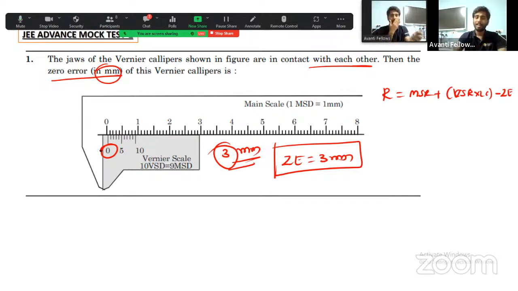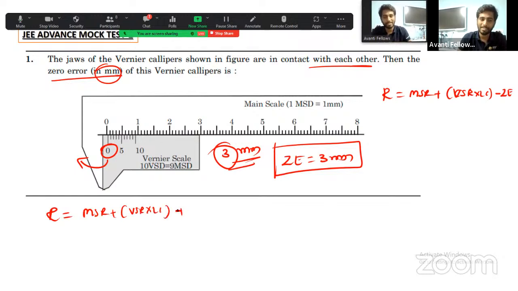Okay, this is negative error. That time you need to add that one. If it is in this direction, total reading will be MSR plus VSR into LC plus, sorry, it is already moving ahead now. So here you need to write minus Z.